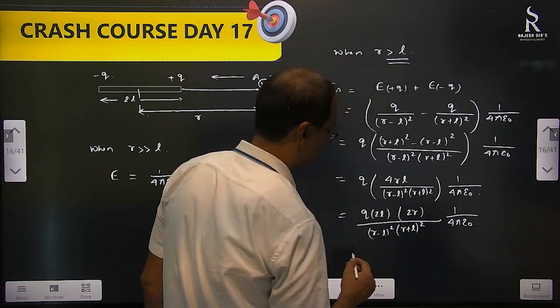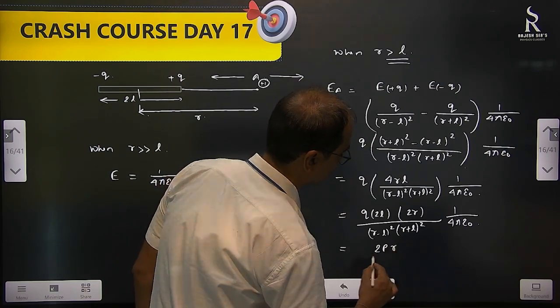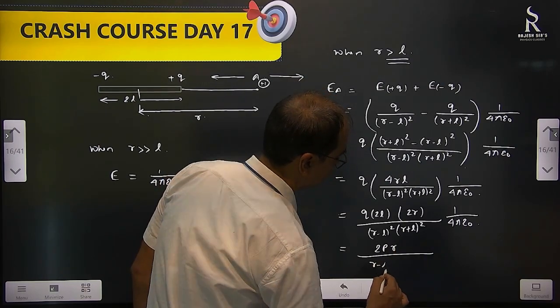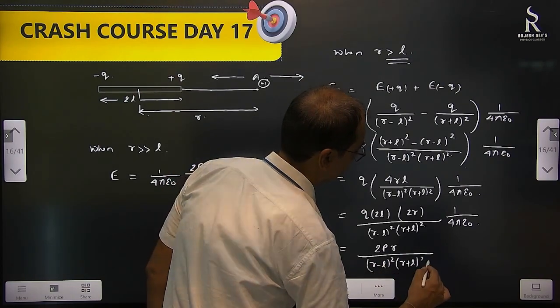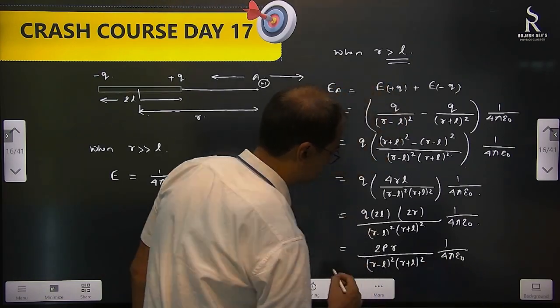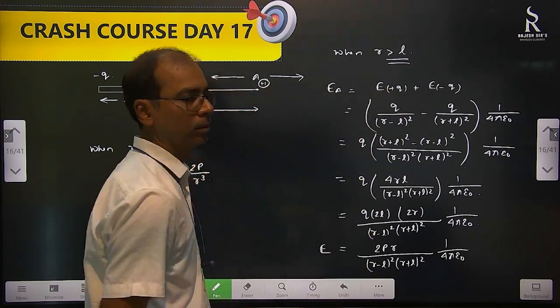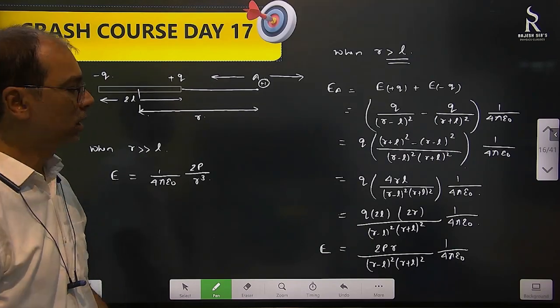So what are we getting here? 2PR by (r minus L) whole square into (r plus L) whole square into 1 by 4 pi epsilon naught. This is the electric field.